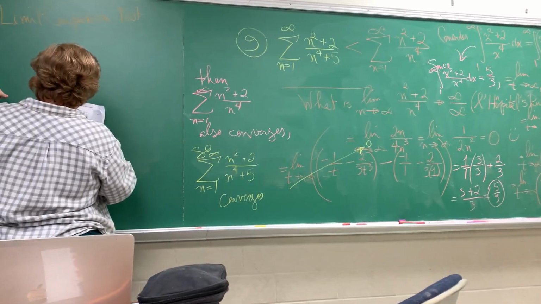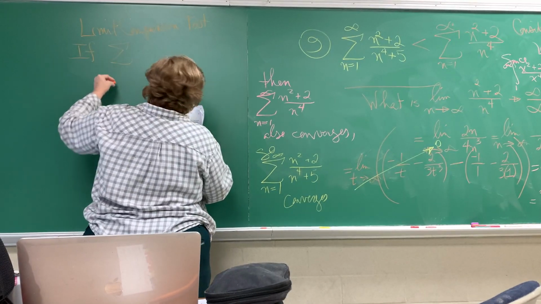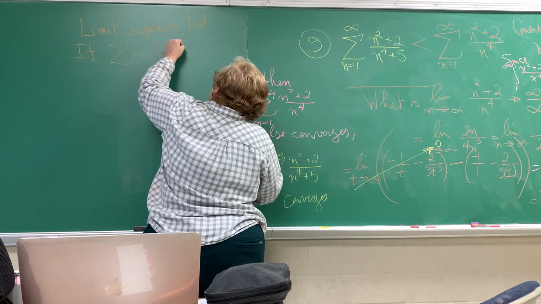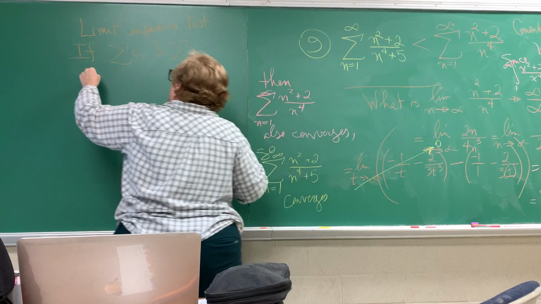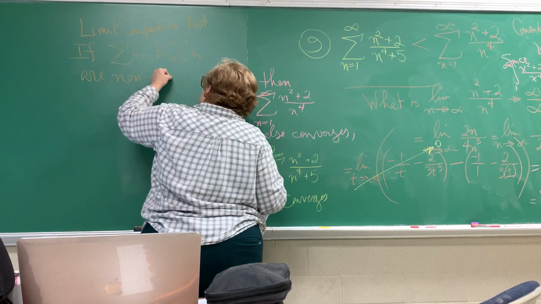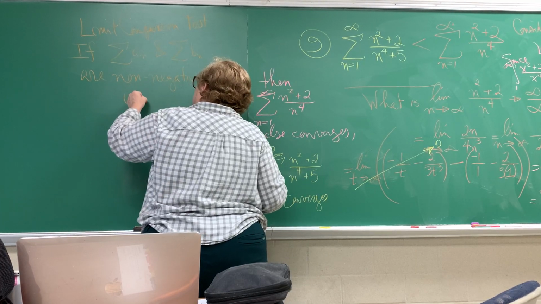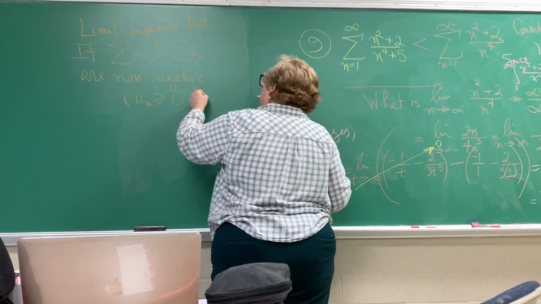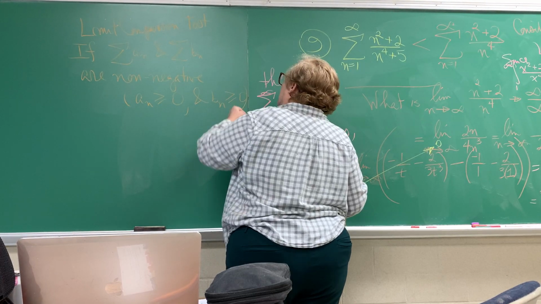And it says, if we have a sub n and b sub n are non-negative, which just means that the a sub n's are all greater than or equal to 0, and the b sub n's are also all greater than or equal to 0 for all n.